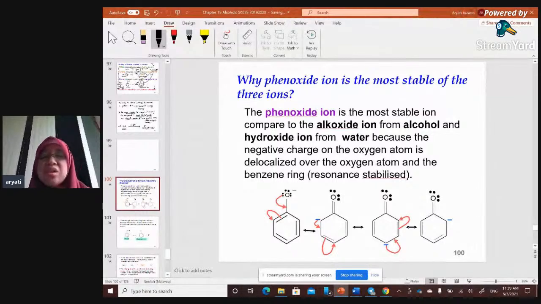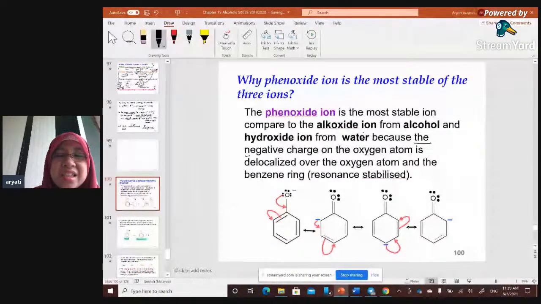Alkoxide ion ialah from fatty alcohol, and hydroxide ion from water, because the negative charge on the oxygen atom can be delocalized over the oxygen atom and the benzene ring, resonance stabilized.